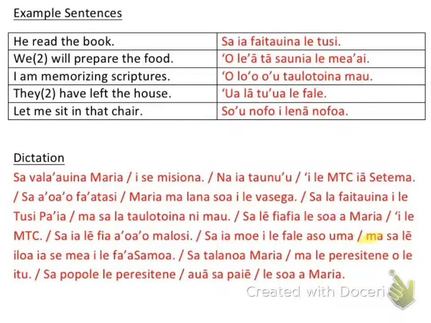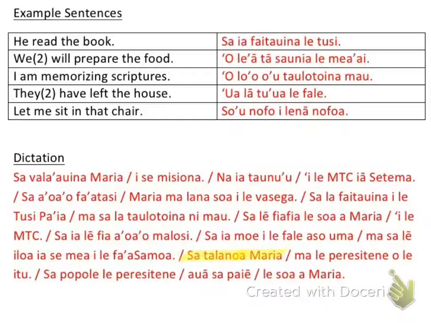And then we kind of start our sentence structure over again. "Sa le iloa," she didn't know, which "ia" kind of completes that, she. She didn't know "se mea," a thing or anything in the Samoan, "ile fa'a Samoa." Okay? Then past tense, "talanoa," this is conversed in the past, Maria.